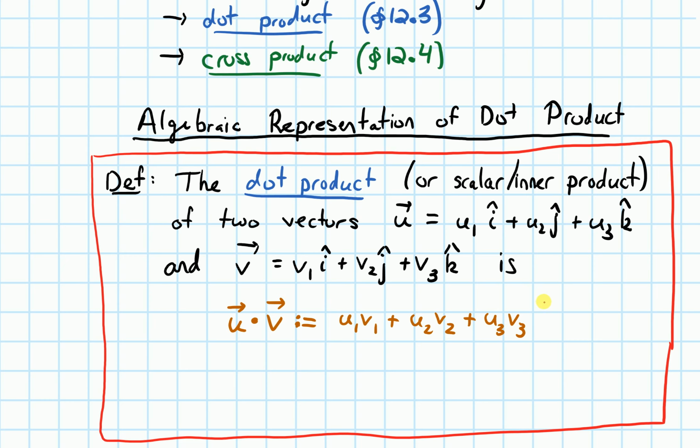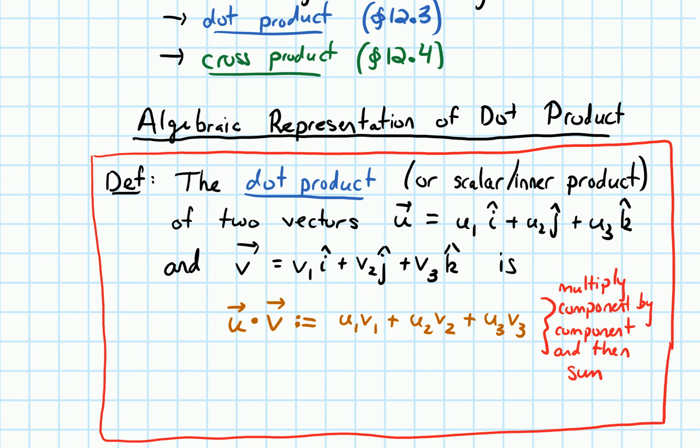So in terms of the computation, we multiply component by component, and then add those values up. This would work even with vectors in two-dimensional space, which just have an i component and a j component, except there we would just be summing two things instead of three. It also works in higher dimensions.